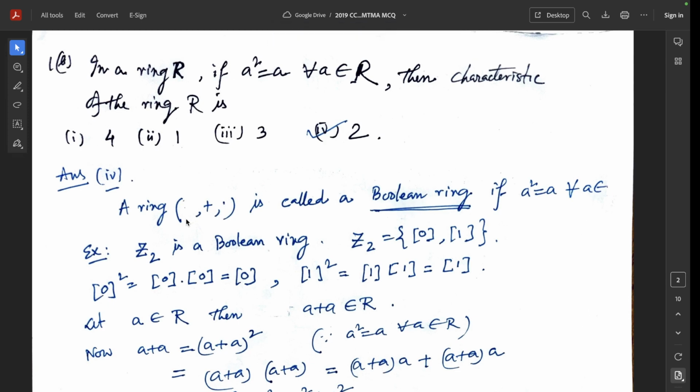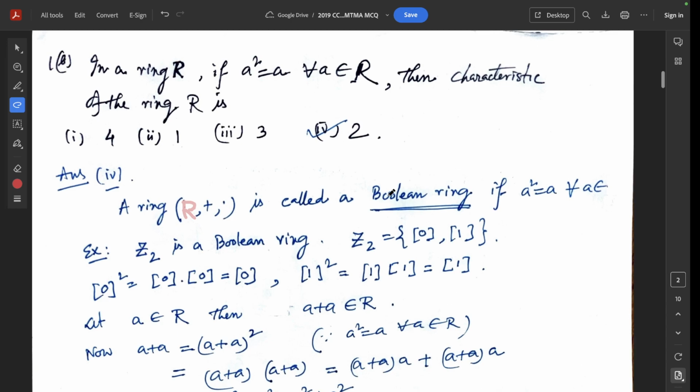A ring (R, +, ·) is called a Boolean ring if a square equals a for all a belonging to R. Example: Z2, the classes 0 and 1, is a Boolean ring, because class 0 squared is 0 and class 1 squared equals 1.